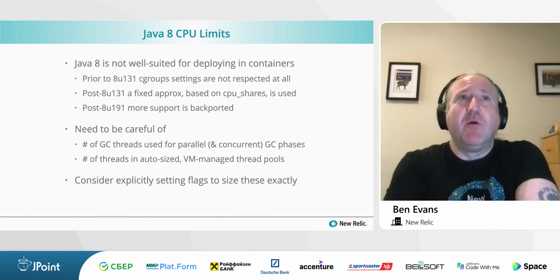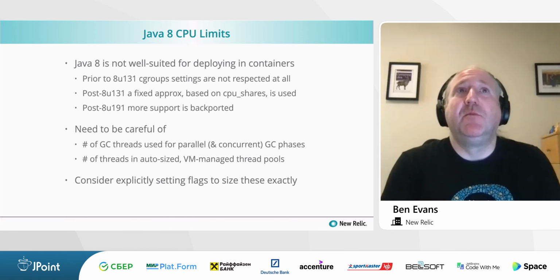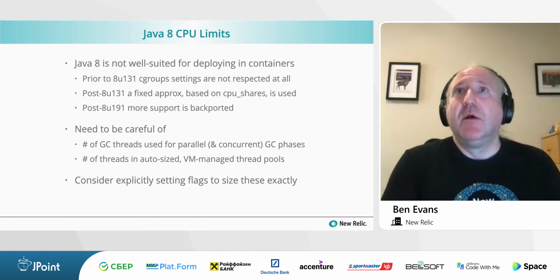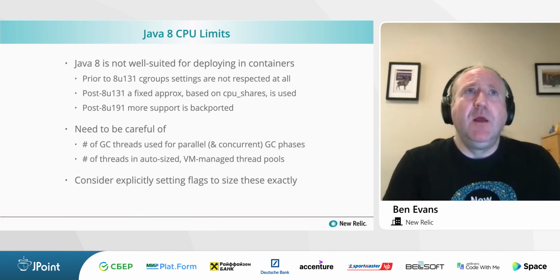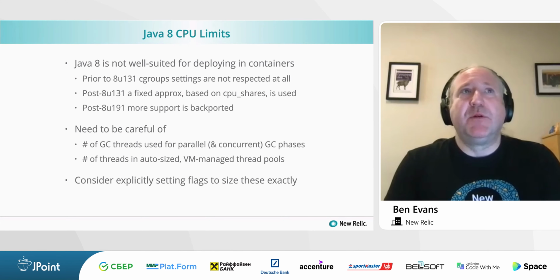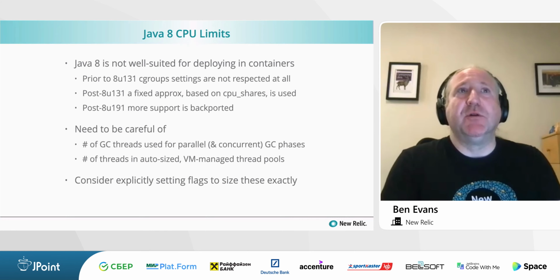So for people who know a bit about how containers work, you're probably aware of a thing called cgroups. And cgroups basically is how you partition resources within a containerized environment and share out the bare metal's memory and CPUs. So 8u131 and before, no use of cgroups at all. Between 8u131 and 191, there's a fixed approximation.